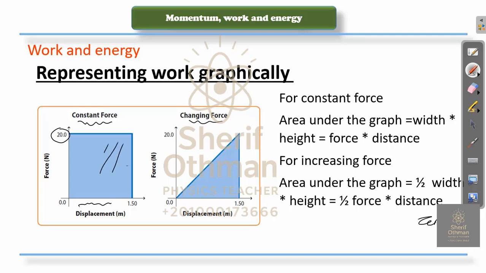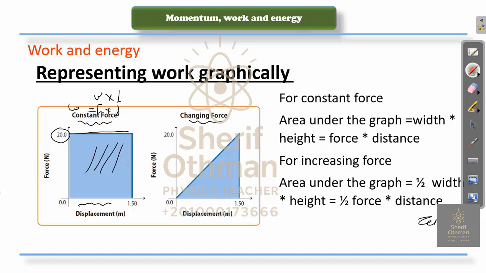The area under the graph represents the work, and it is a square. The area of the square is equal to width times length. The width is displacement and the length is force. So force multiplied by distance represents work.